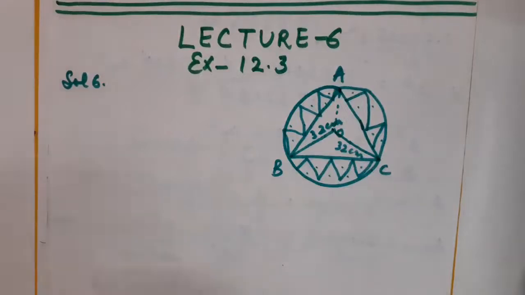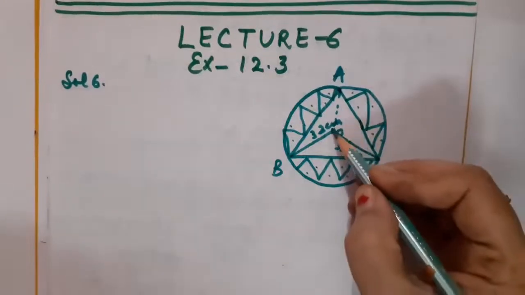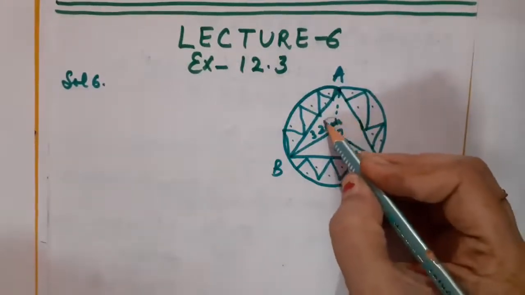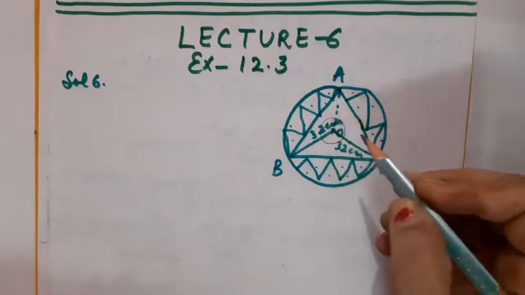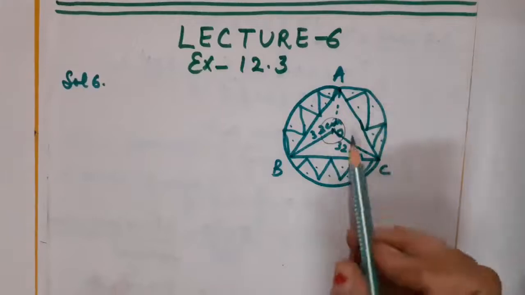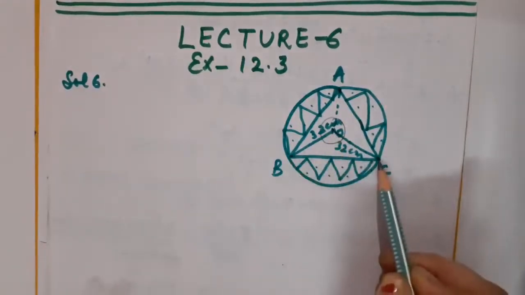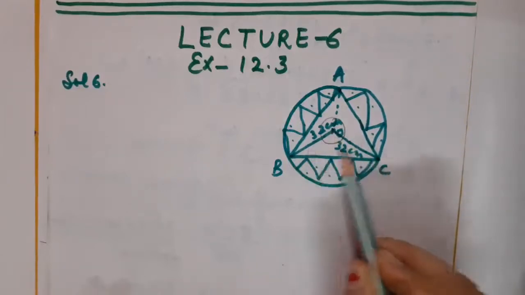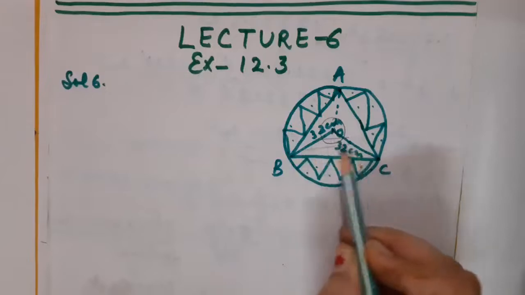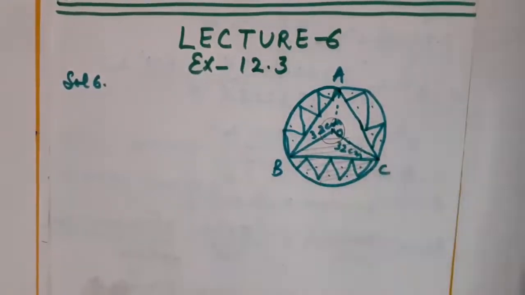Correct children? Okay. Now just tell me one thing. As you know, this is the center point, and at the center the complete angle will be 360 degrees. As you can see children, this OBCO, this complete part is nothing but the sector of the circle. Yes or no?